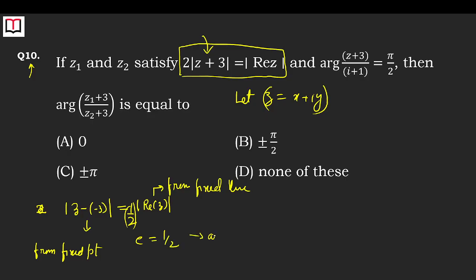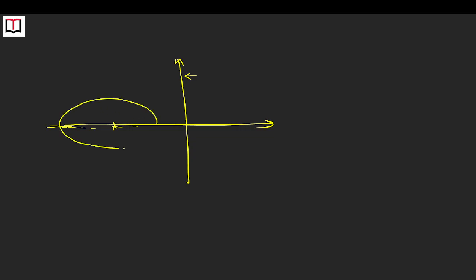So it's an ellipse, whose focus is minus 3 comma 0. And since the directrix is the imaginary axis, the fixed line, of course the major axis will be the real axis, the x-axis, so it will be something like this.